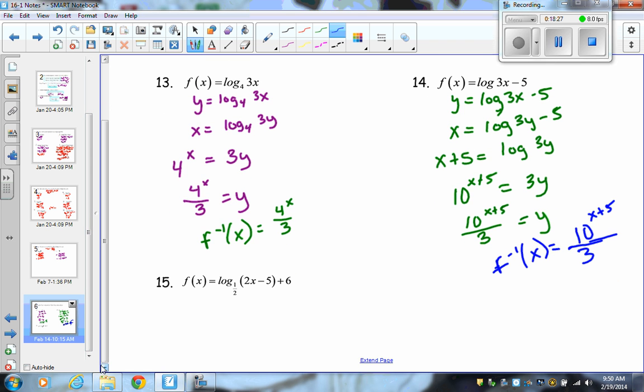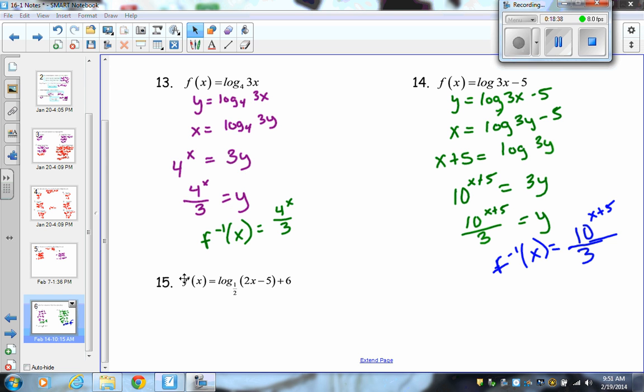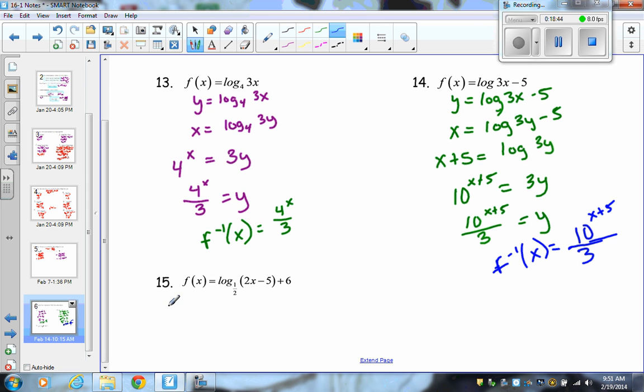One more. So the first thing we're going to do is rewrite this. So this is going to be y equals the log base 1/2 of 2x minus 5 plus 6. Switch our x and our y.